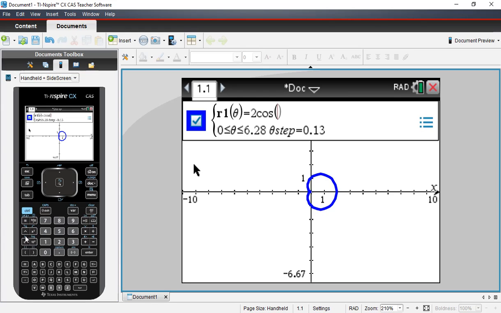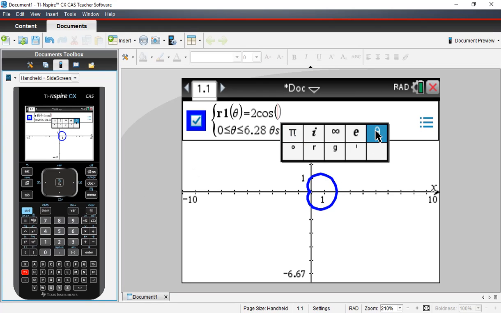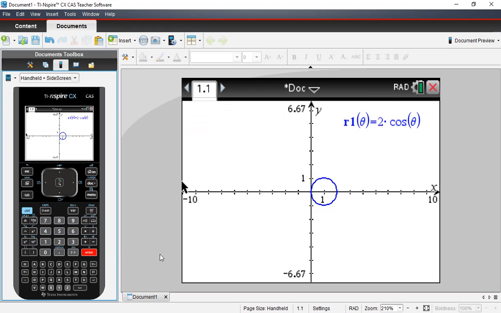Cosine theta. Notice what the radius of this circle is. It's 2 all the way across, but the radius is 1, right?